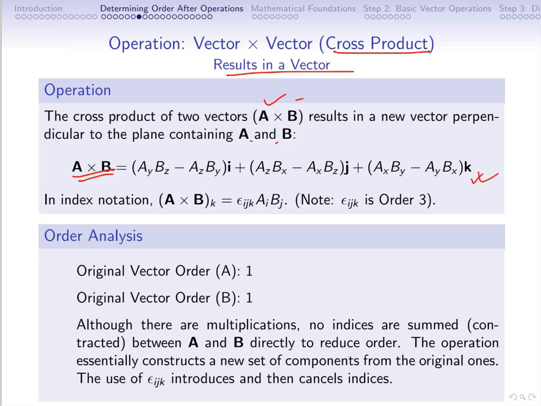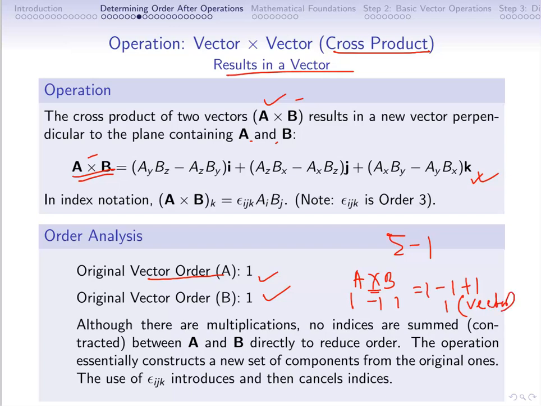Here the original vector a is order 1 and b is order 1. Because of the cross, we have minus 1. So 1 plus 1 minus 1 is 1, so it is a vector.